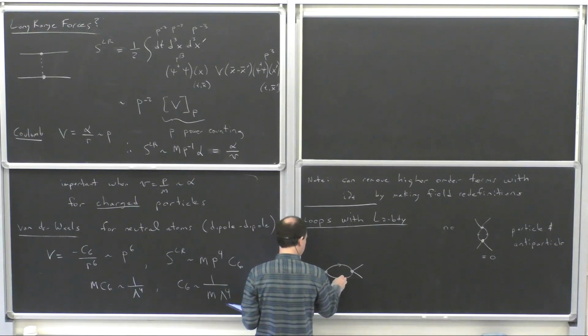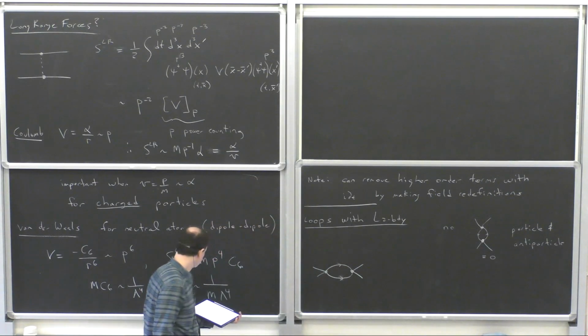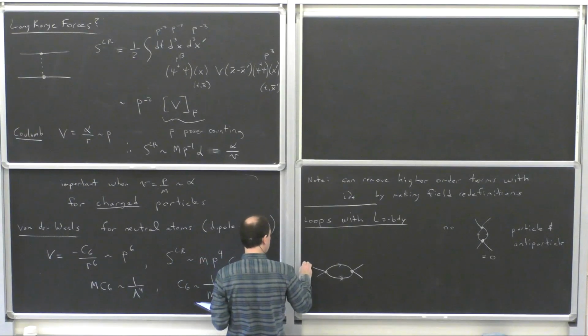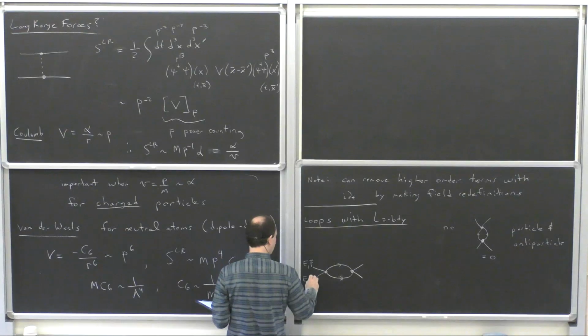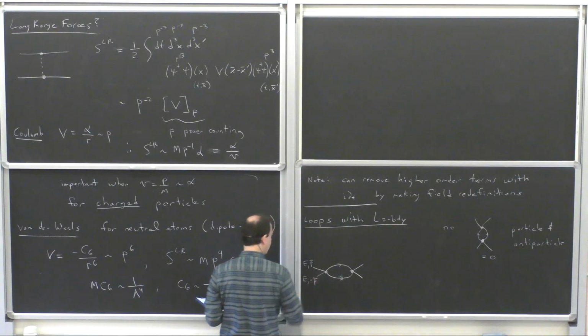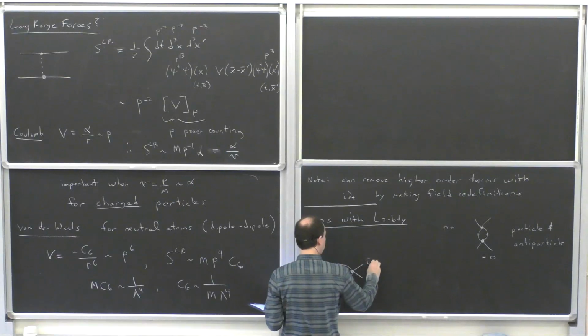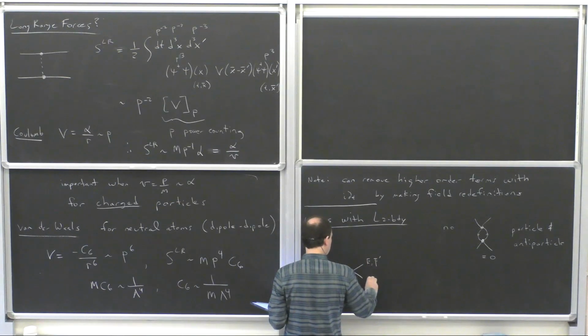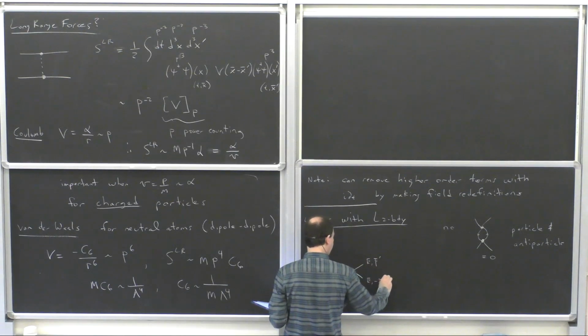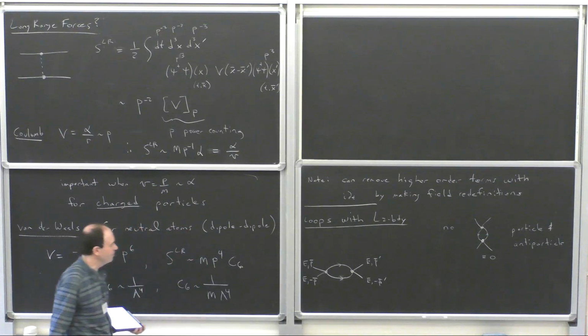And maybe once I write this one down, we can see why that one would be 0. So let's look at the loop like this. External energies and momenta, center of mass frame, so same energy, back-to-back momenta: E, p and E, minus p goes to E, p prime and E, minus p prime. p prime is a different angle than p, same magnitude actually.